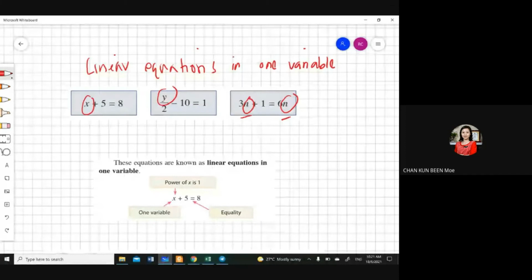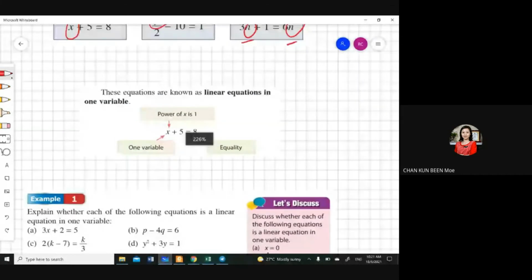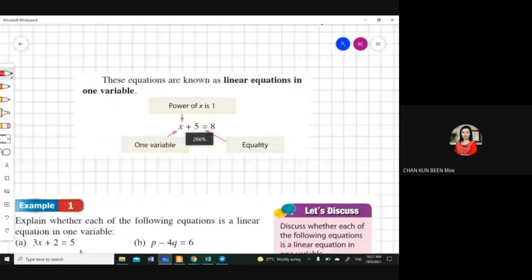So how to identify this equation? You just remember, in that equation, we only have one variable. So this is one variable, and then the power must be 1. When the power is 1, we call it linear. This is the basic one you learn, because in Form 2, Form 3 later on, you are not going to learn linear anymore.